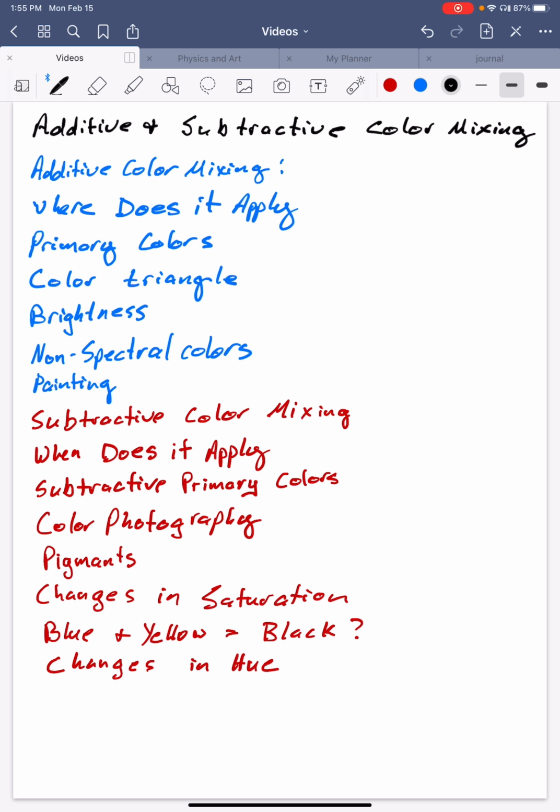And that'll be something a little bit different because when we first talk, we're going to talk about where does it apply. And additive color mixing applies when we're talking about mixing light. So you'll see it a lot when you think about color monitors, our cell phones, our TVs, and nowadays we see a lot of additive color mixing, but when it was first sort of investigated, we didn't see a lot of particular use for it.